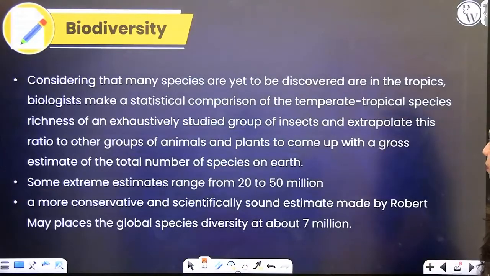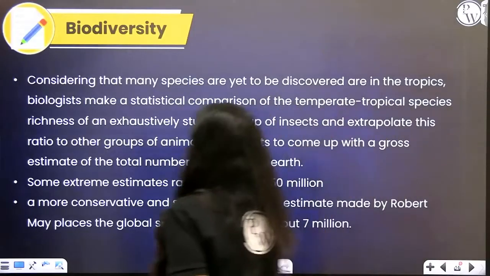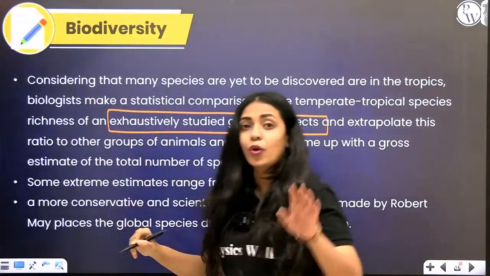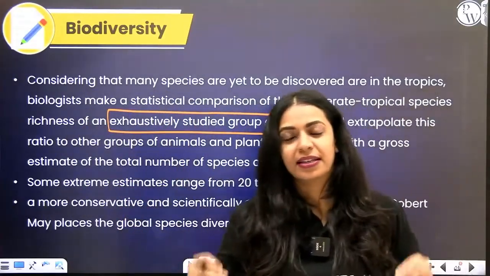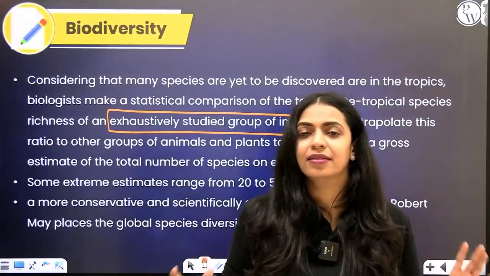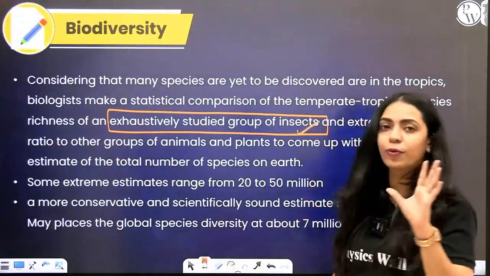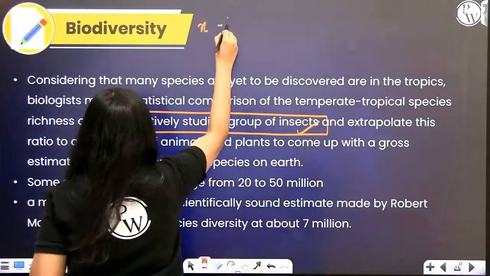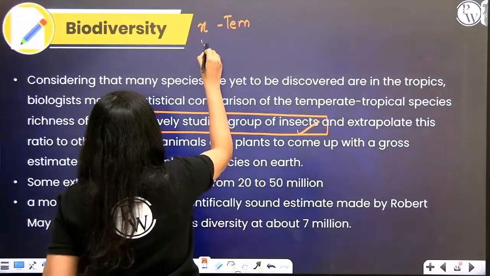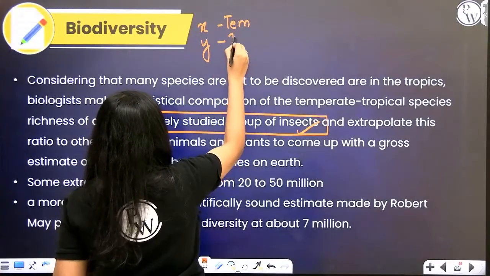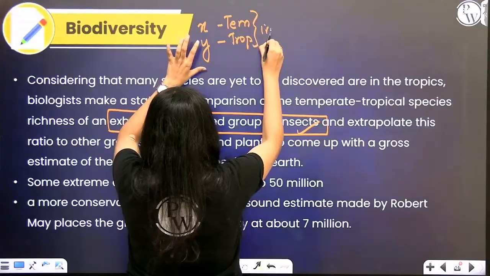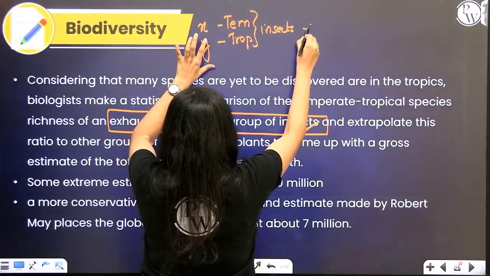So, making use of that, let's say in both temperate and tropical countries, they have extensively studied a group of insects. Now they have data for X, the number of species that you find in temperate, and Y, the number of species that you find in a tropical area for insects. This we are pretty much sure of.